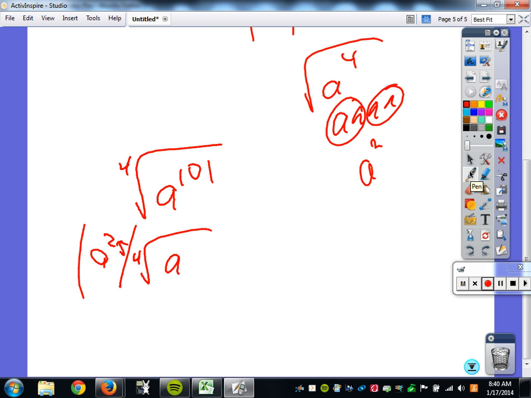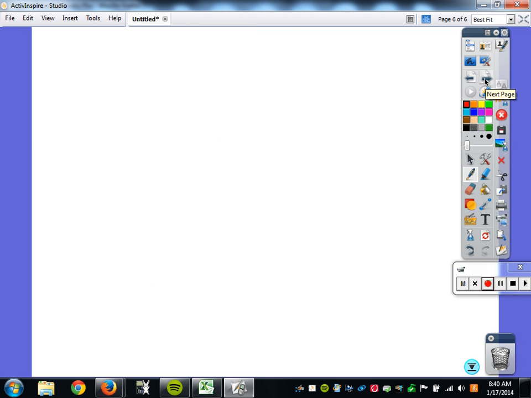So notice, let me show you another thing. So I have the 5th root of a to the 16th, b to the 12th, c to the 15th. Can anybody tell me, using what Adam just did, instead of writing out 16 a's, 12 b's, and 15 c's and then grouping them by 5s, what is a strategy to figure this out?